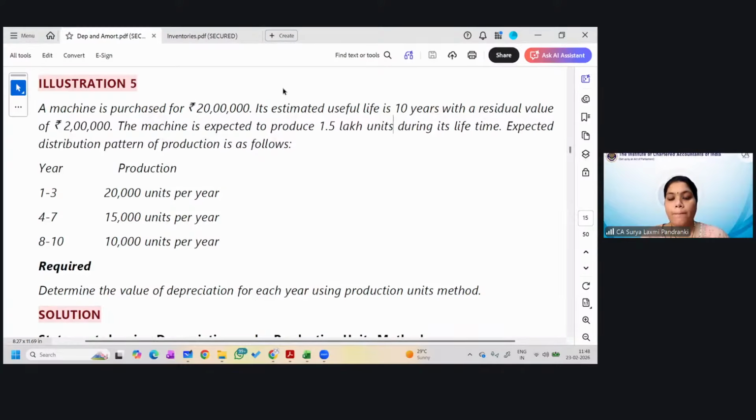Good. I almost got the answer, but I want others also to do it.